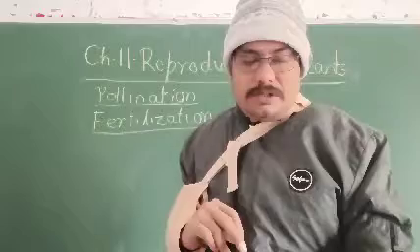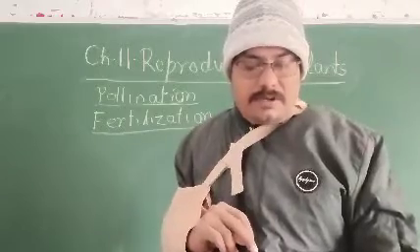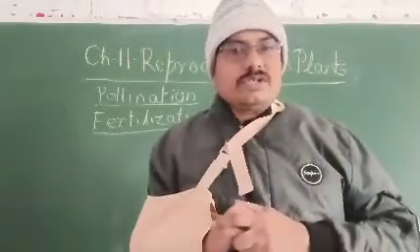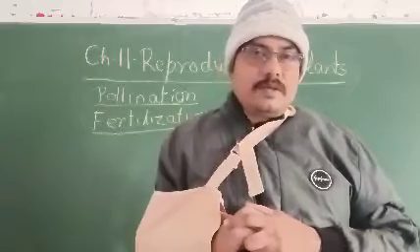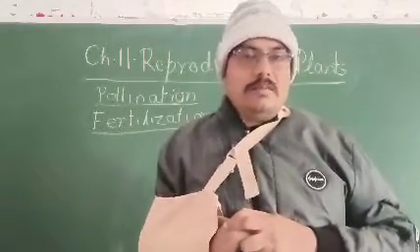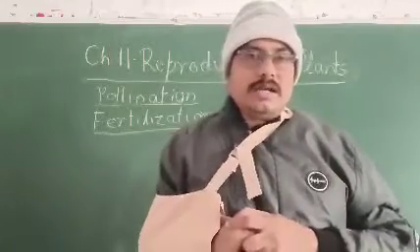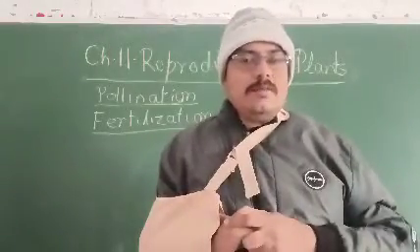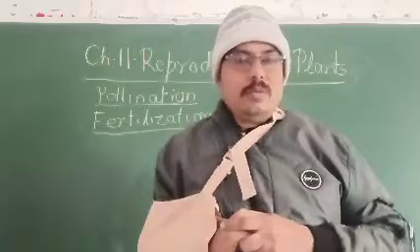So, germination of seed. When we take proper care of the seeds, when the seed gets soil, minerals, water, and carbon dioxide, there the radicle and plumule start coming out.